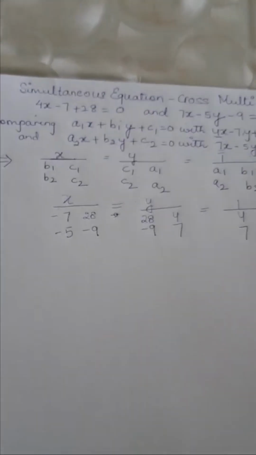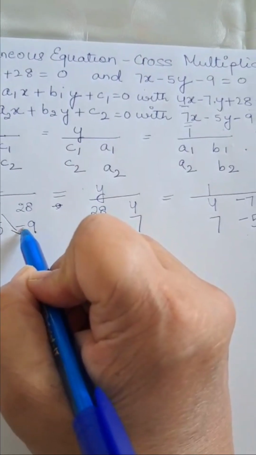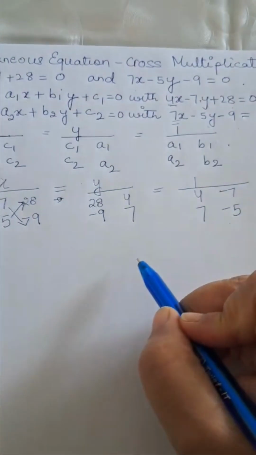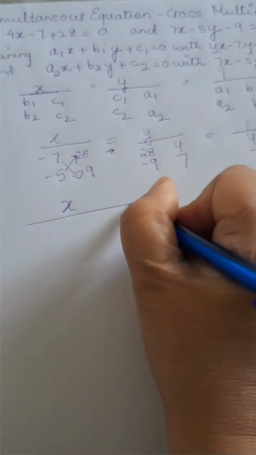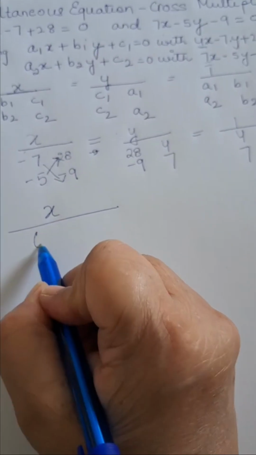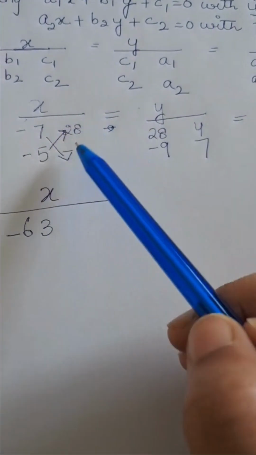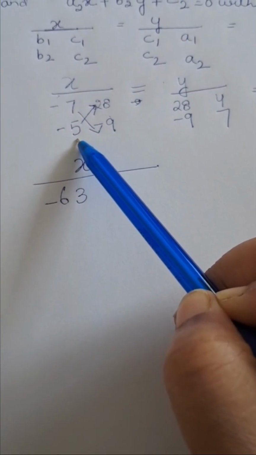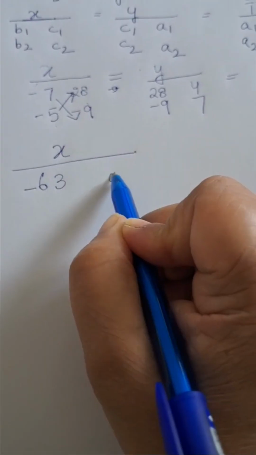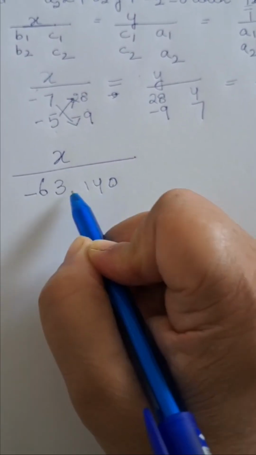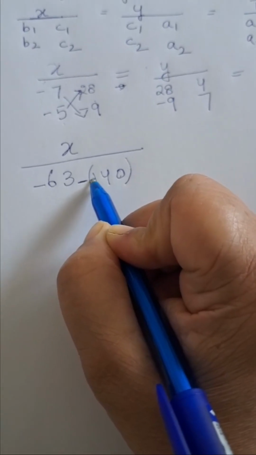The next step is cross multiplying these denominators that you have written, like 7 with 9 and 28 with 5, with a minus sign. I'll show you. It will be x by 7 nines are 63 with a minus sign, and 28 and minus 5, so 28 fives are 140 with a minus sign in between, and put this in a bracket with the minus sign here.